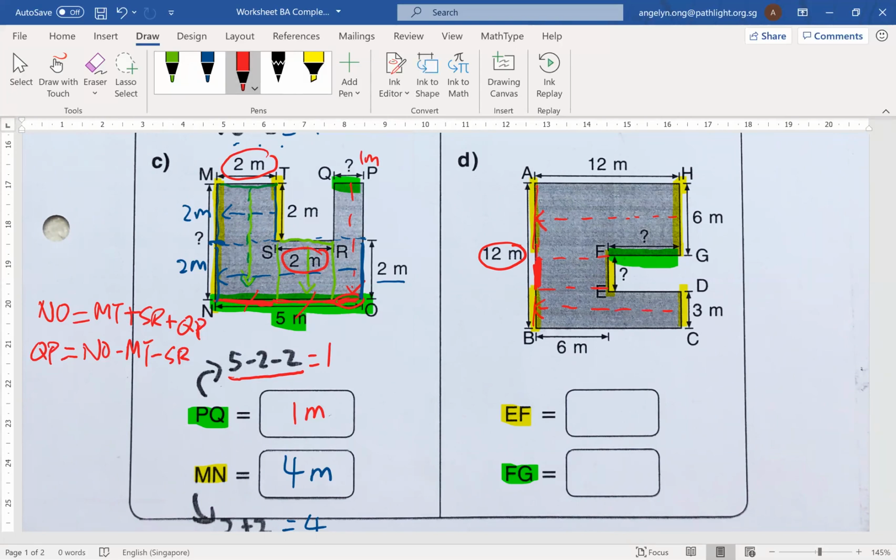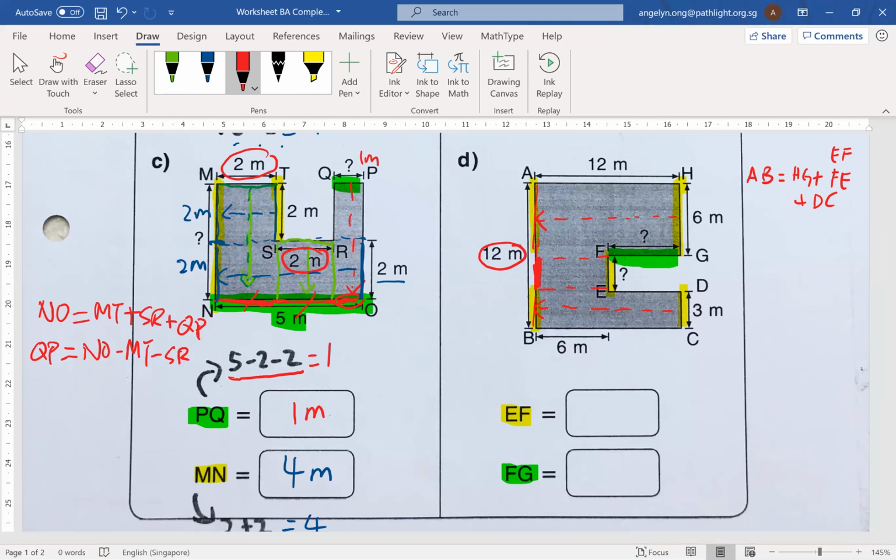So let me write it out. I can say that AB, this long 12 meters, is equal to HG plus FE, or we can say it's EF also, plus DC. Because AB is made up of 3 parts: HG, EF, and DC.